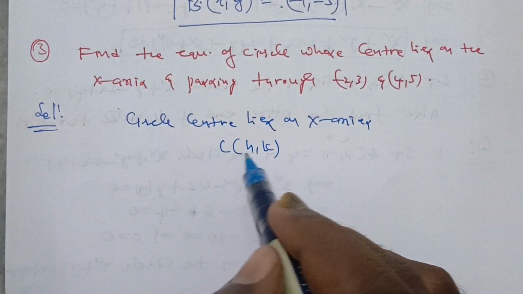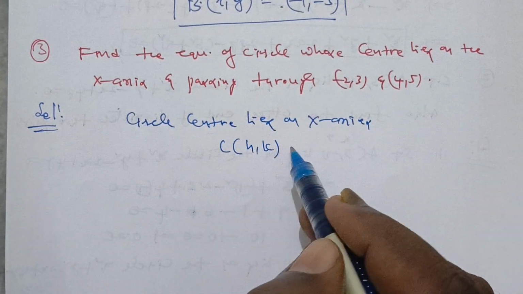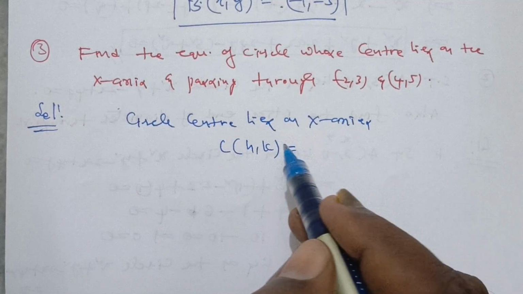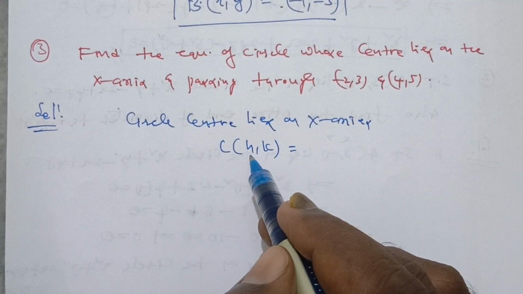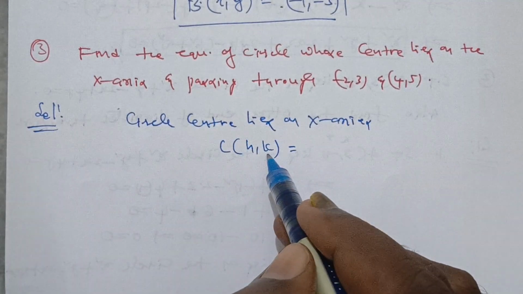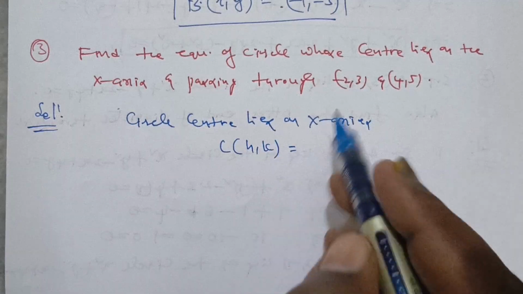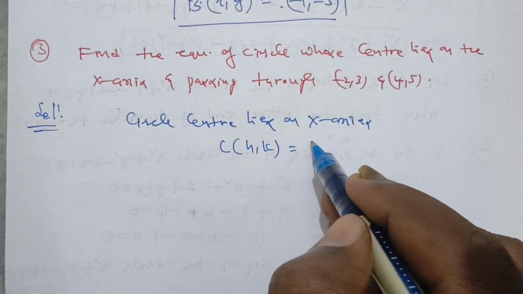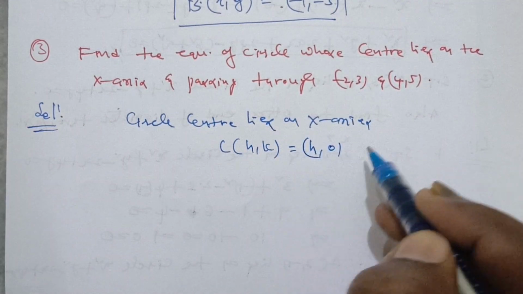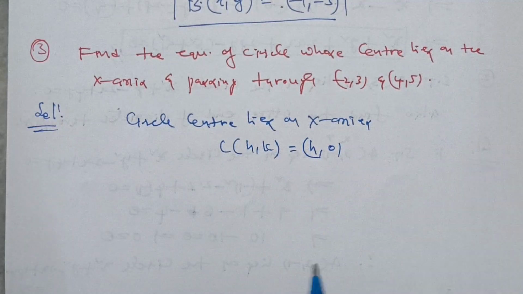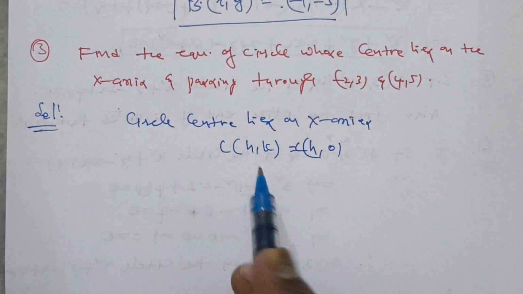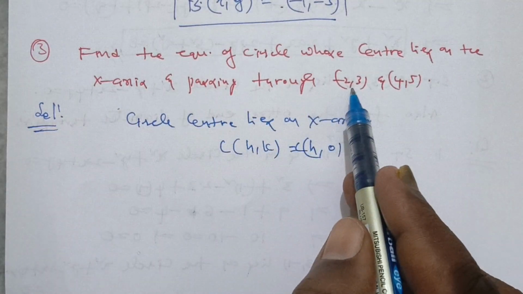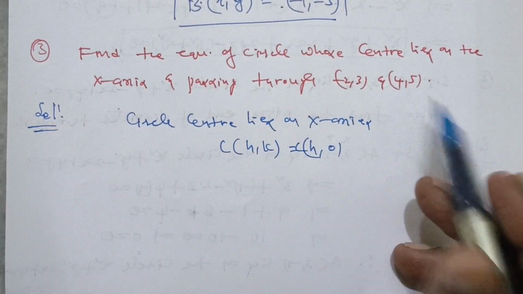Lying on the x-axis means we only have the x coordinate; the y coordinate k is 0. So that is h comma 0. This is the center. And it passes through the points minus 2, 3 and 4 comma 5.